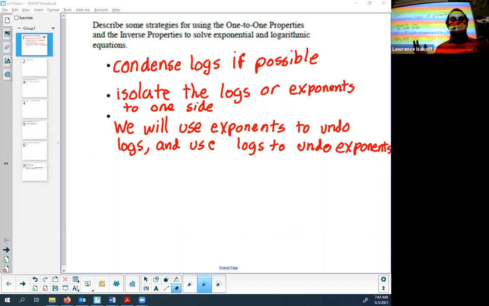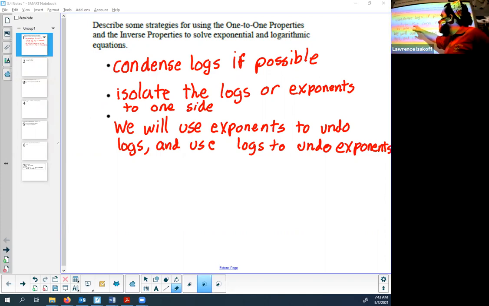And one thing that's going to make our lives easy when solving is to condense logs. This way, I hopefully only have to deal with one log or one natural log. Like I said, expanding can be very helpful in calculus, but in solving, condensing is far more helpful. They both have their time and place.